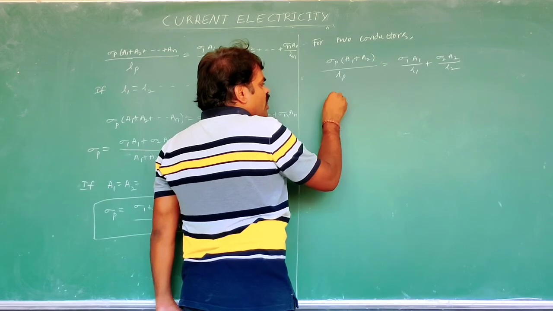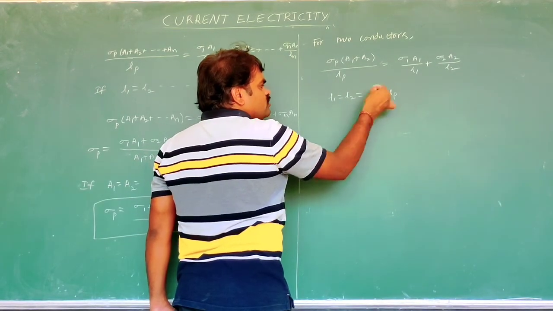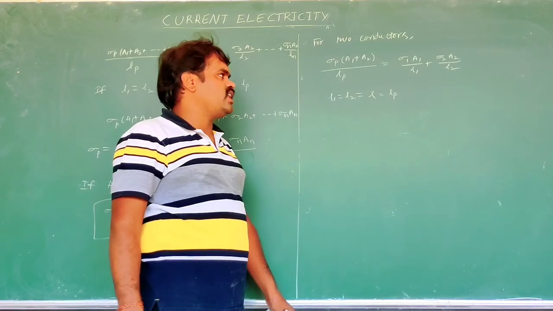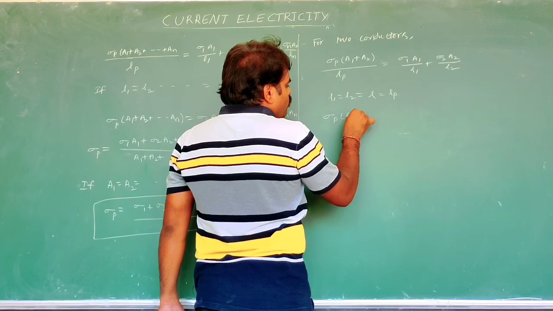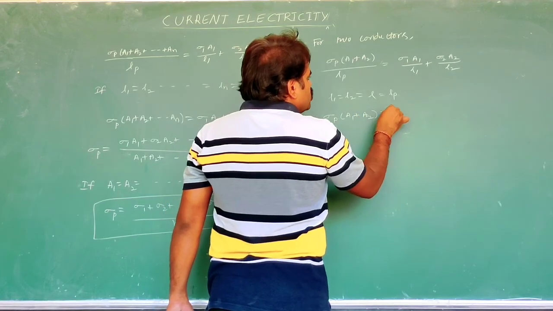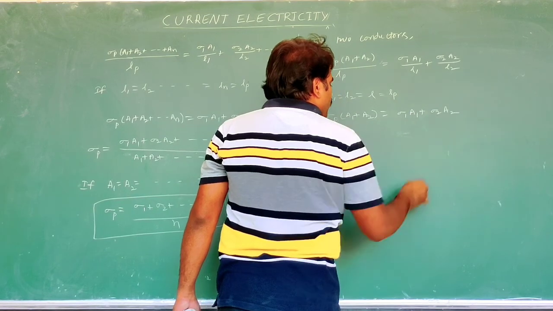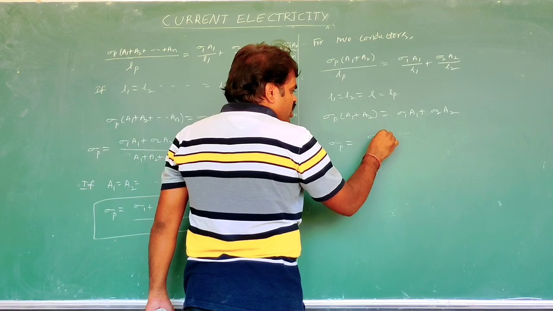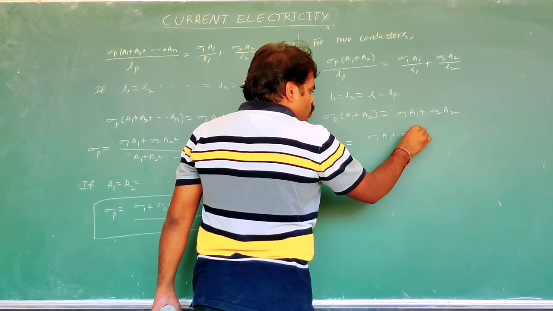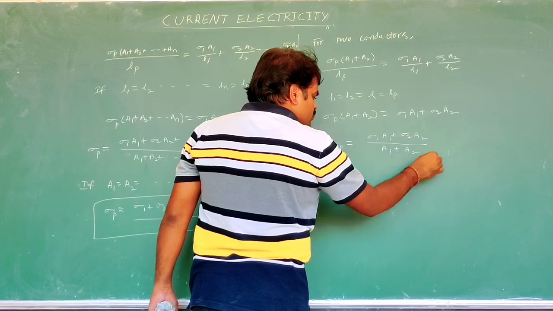If L1 is equal to L2, that is equal to L, that is equal to LP, because their lengths are equal, then sigma P (A1 plus A2) is equal to sigma 1 A1 plus sigma 2 A2. Now sigma P is equal to sigma 1 A1 plus sigma 2 A2 by A1 plus A2.